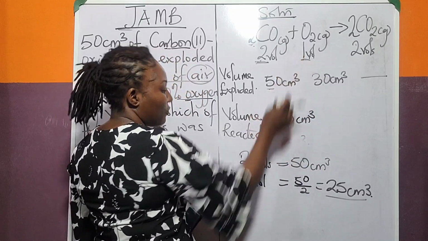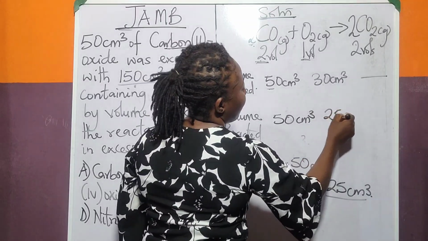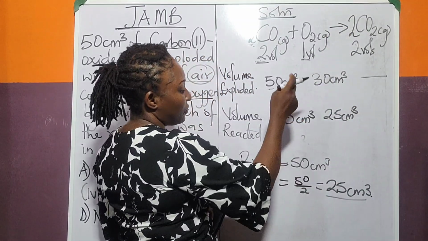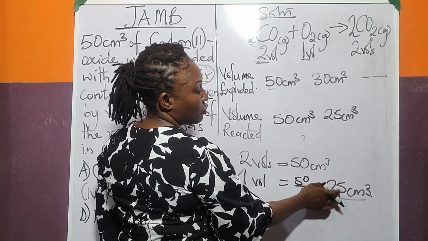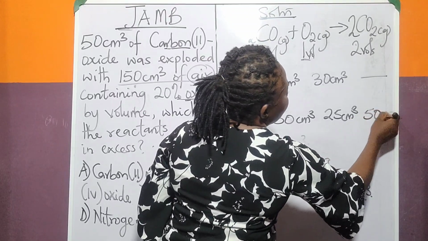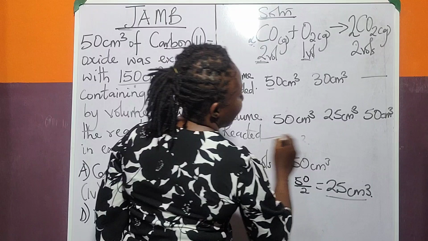Okay, here I have 1 volume. And 1 volume is equivalent to 25 cm³. So I have 25 cm³. Then for carbon(IV) oxide, I have 2 volumes. And if 1 volume is 25, 2 volumes will be 2 times 25, giving me 50 cm³. Then the next step is to find their difference.